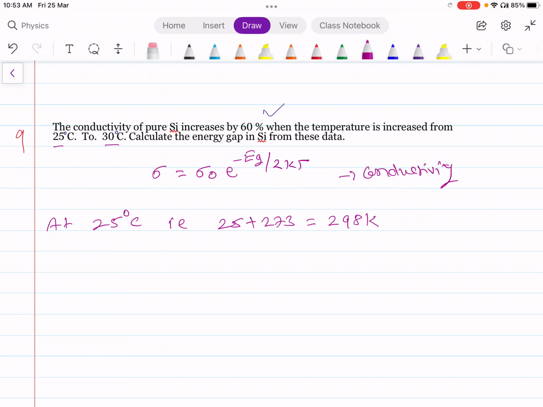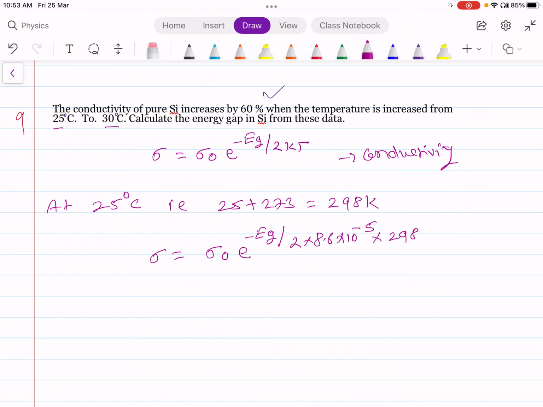So we will find the conductivity at 298 Kelvin. So this sigma is equal to sigma naught e raised to minus of Eg upon twice kT. Let us write the values of this k and T. So 2 into 8.6 into 10 raised to minus 5 into temperature 298.